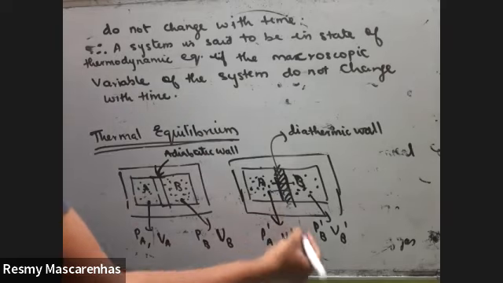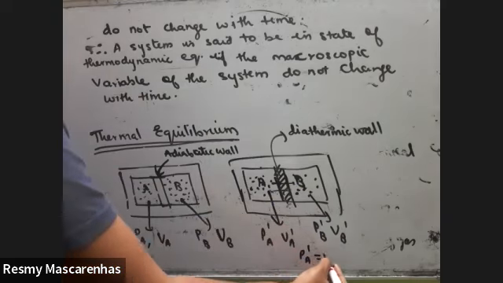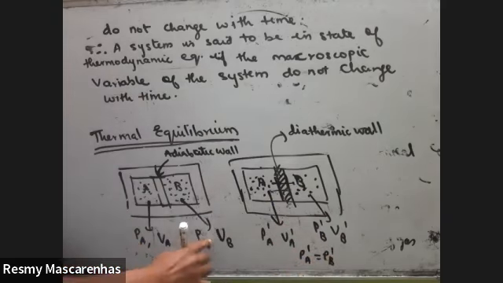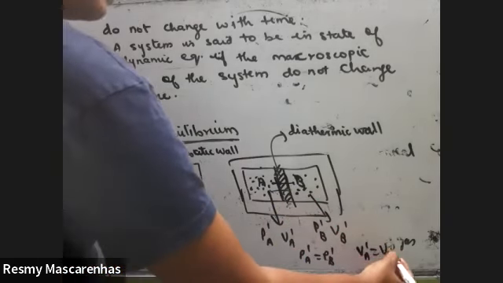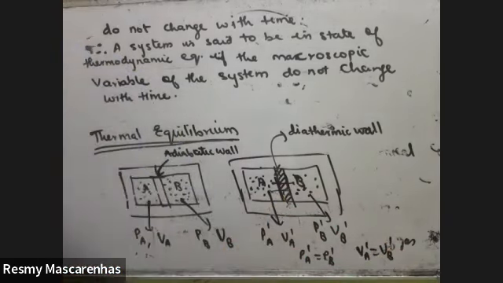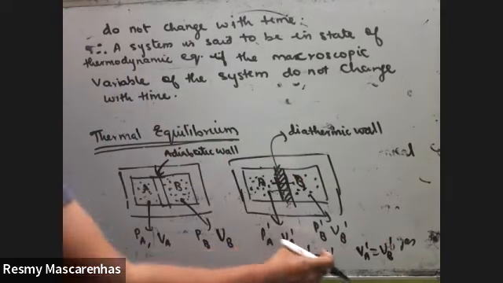And you know that now PA dash will be equal to PB dash. Here they won't be equal; PA won't be equal to PB. And VA dash will be equal to VB dash, because at thermal equilibrium, they will settle at the common same value.